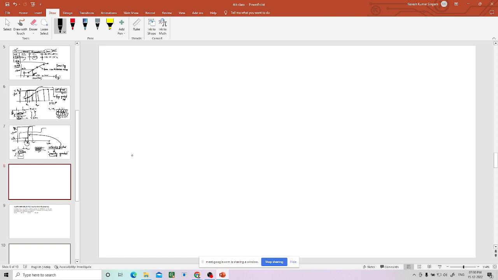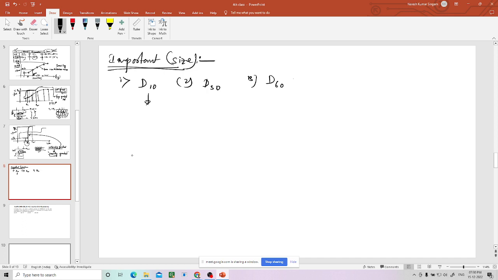Those are important sizes. What are those? One is D10, one is D30, and one is D60. D10 is also called the effective size of soil.